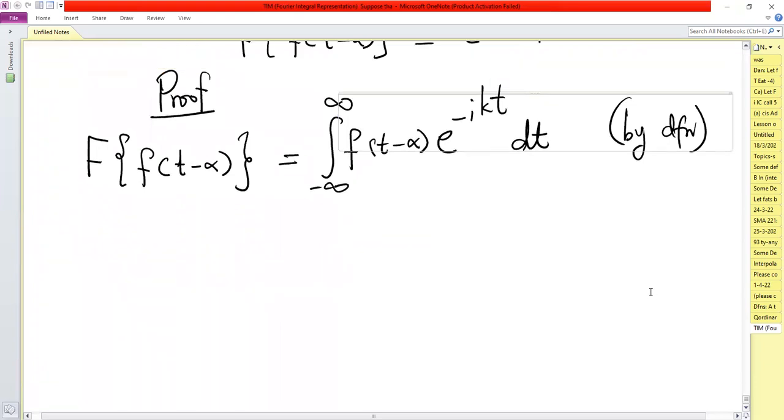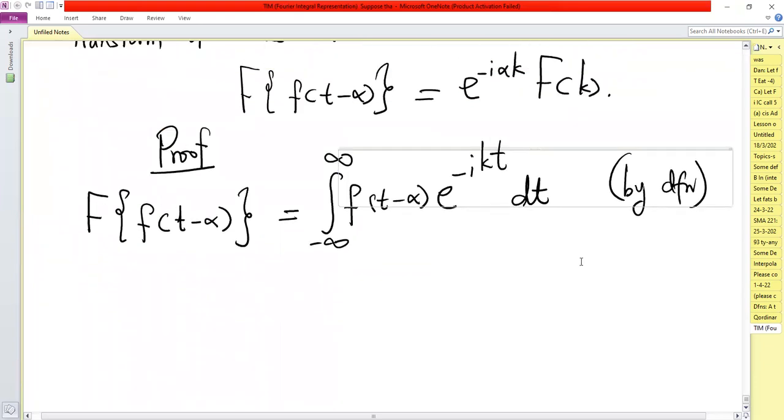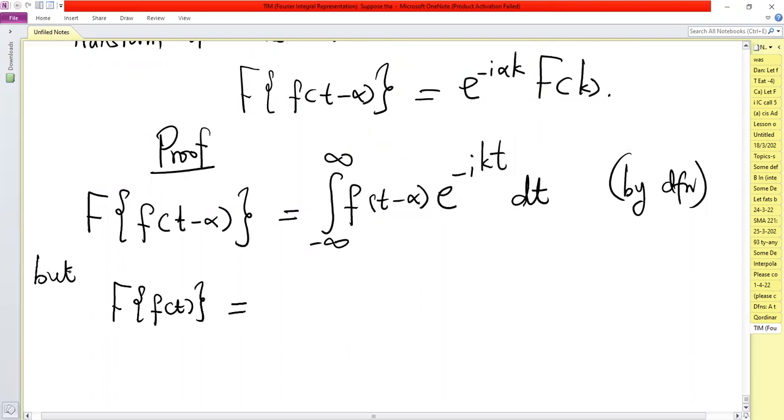Now, we know that the Fourier transform of f of t is given by the integral from negative infinity to positive infinity of f of t e raised to power negative i k t dt.